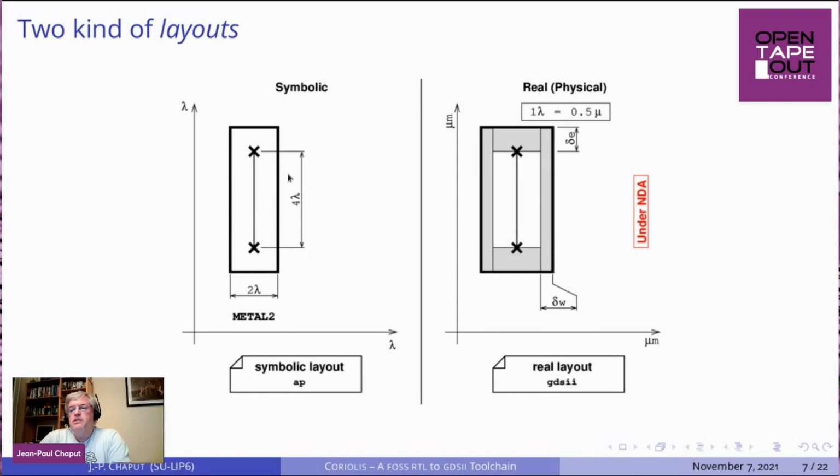What we do with Alliance, we just added a little more flexibility to that simple shrink, which is delta W and delta extension, to add an extension on the width to give more flexibility. It worked well until 180 nanometers, because at that point, the shrink rate of the various layers did not change at the same rate. The transistor was not shrinking as fast as the metal layer, so it caused a problem.